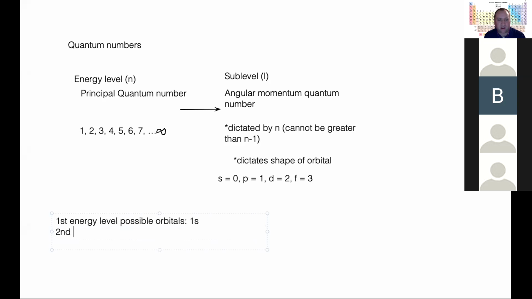If I go to the second energy level, I have the possibility for 2s, because I can have 2 and 0, but I can also have 2 and 1, which means that 2p is also possible. In the third energy level, I'm going to change my wording here.